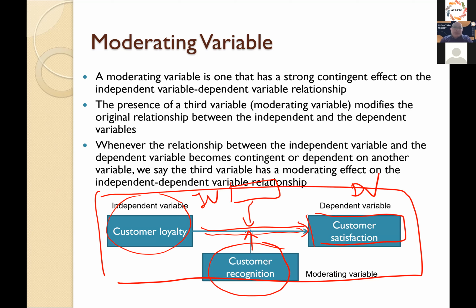But what is a moderating variable? Basically, it means that it can change the strength of the relationship. What does that mean? Let's say customer loyalty is high, they tend to be satisfied.